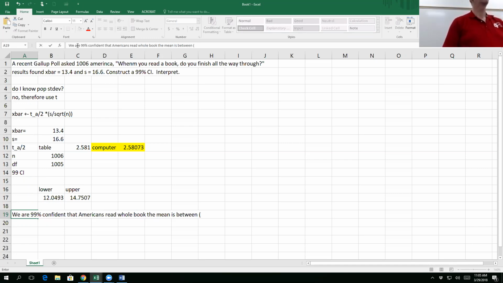Okay, so you said the upper first. Always do it the lower than the upper. Between 12.05, comma, 14.75 books.